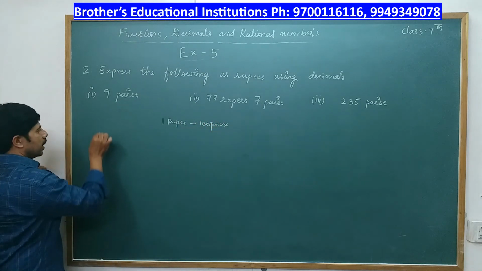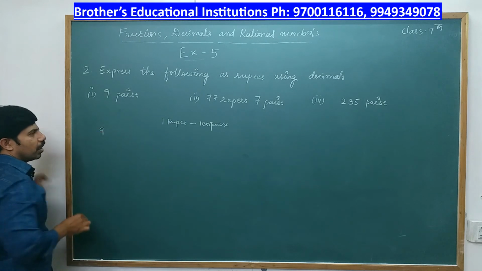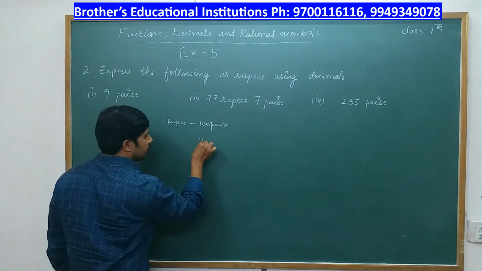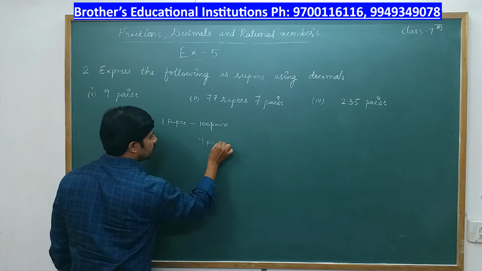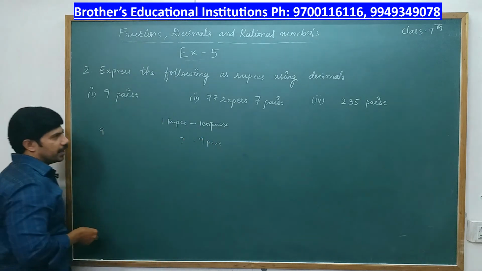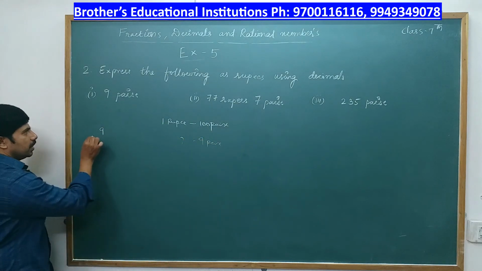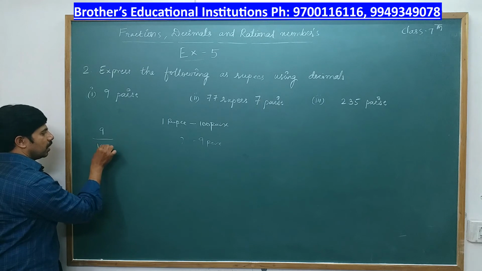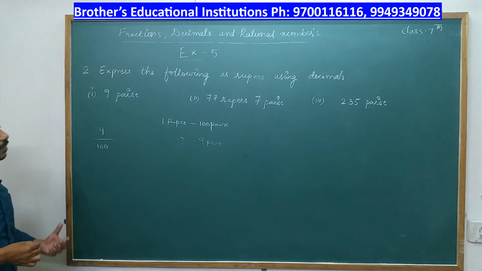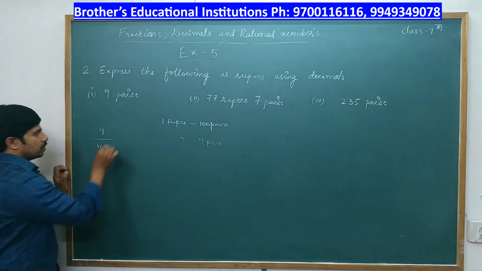So 9 paise we need to convert. In order to convert 9 paise into rupees, we have to divide. So that is 9 by 100. So 9 by 100 will get in rupees.